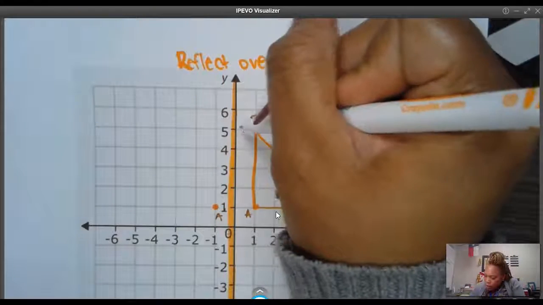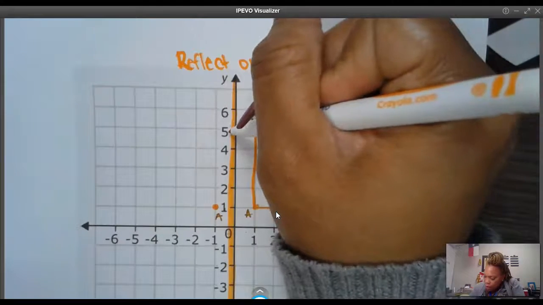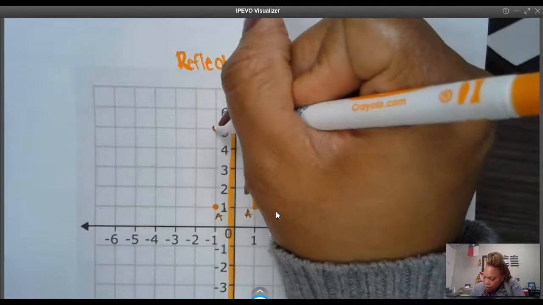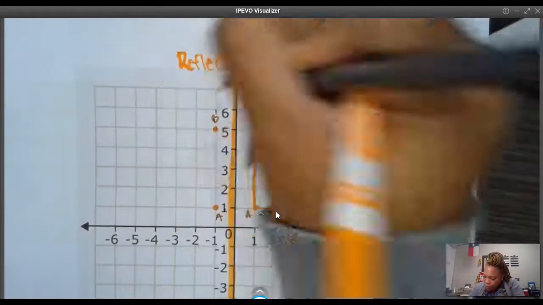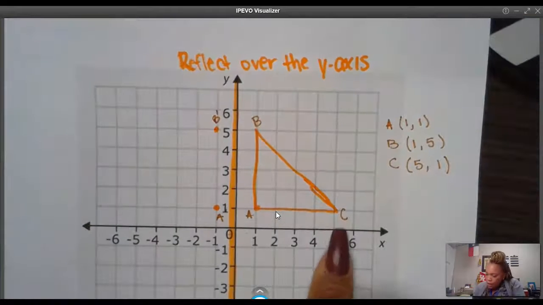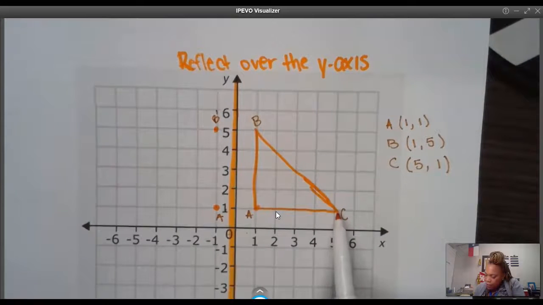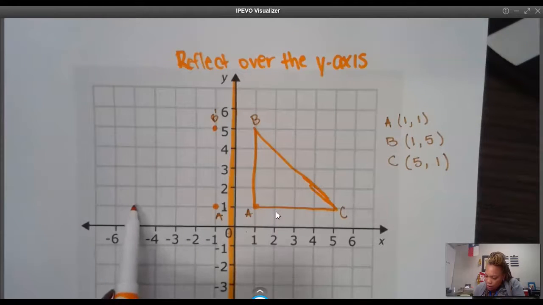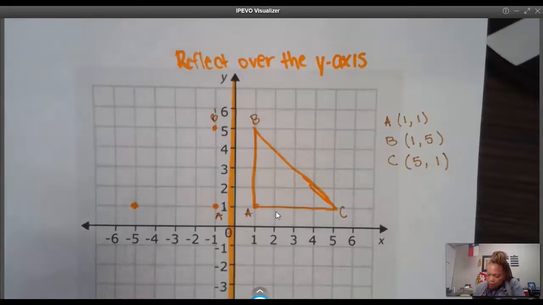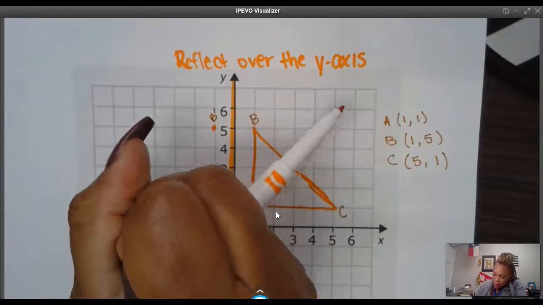B is 1 away. It's at the 5th mark on the y-axis and 1 away on the x-axis. So B prime. And C is 5 points away from the line of reflection. So again, on this side, C will be 5 points away on the line of reflection. So here it is, and it's 1 up. So that would be C prime.